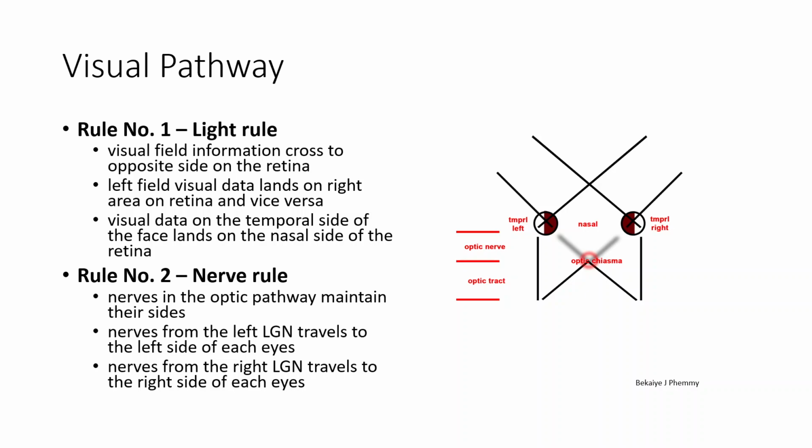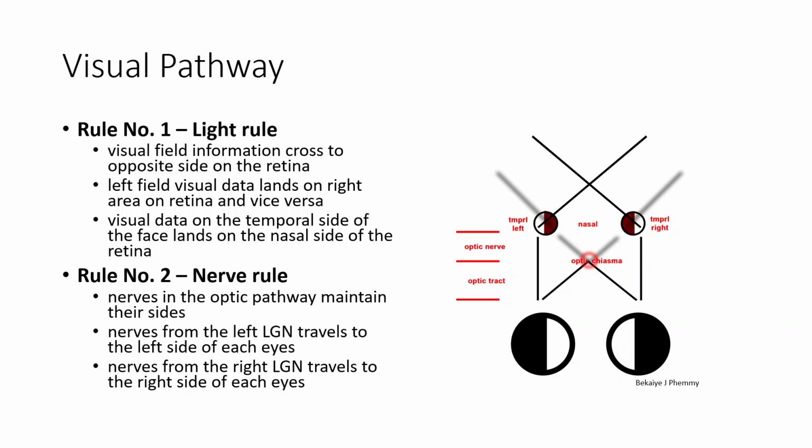So visual information coming from the temporal sides, because it will land on the nasal sides, cannot be visualized. Instead, information coming from the nasal angle of both eyes, because it will land on the temporal side, can be clearly seen, and this is the correct visual field representation.